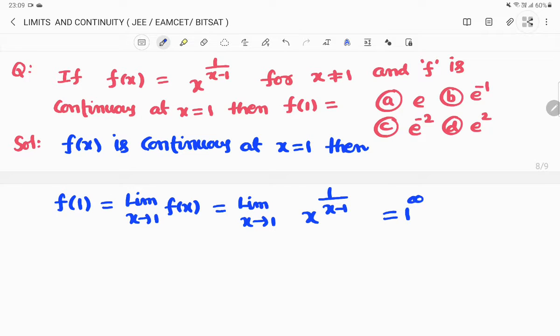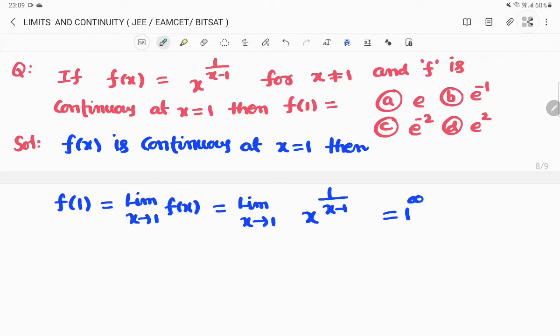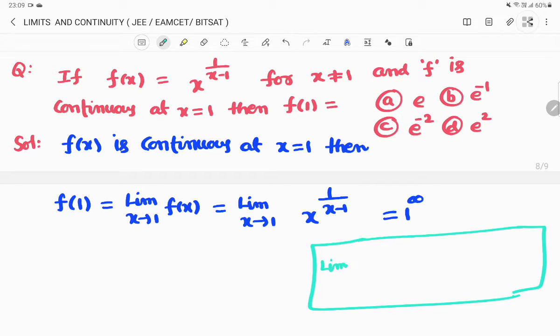We know that whenever the given limit reaches 1 power infinity, we have a formula which we already discussed, and a number of problems we discussed based on that. Limit x tends to a of f of x whole power g of x is of the form 1 power infinity, then the limit can be written as e power limit x tends to a of g of x into f of x minus 1.